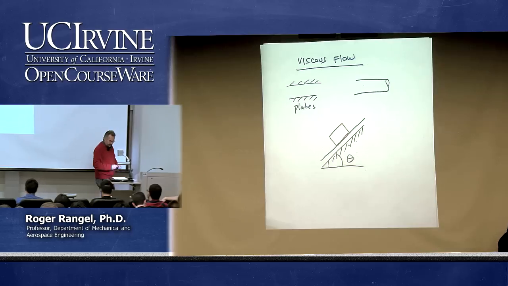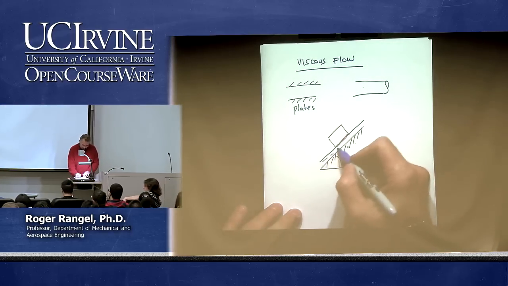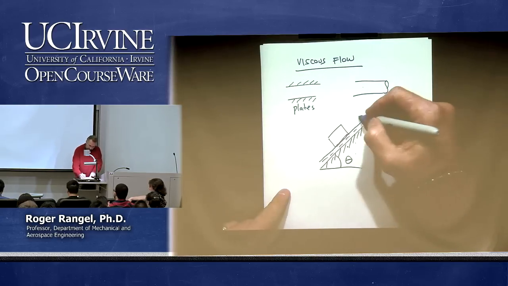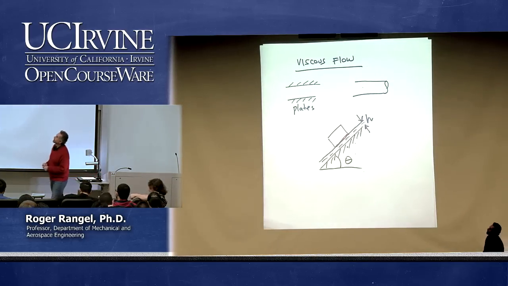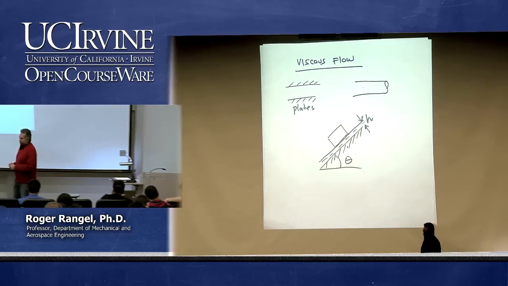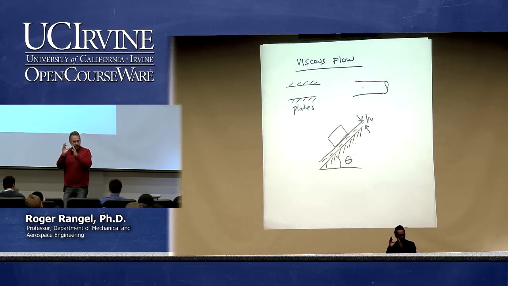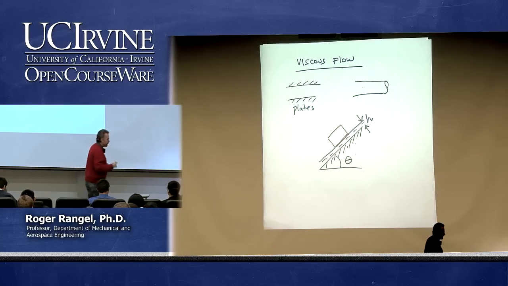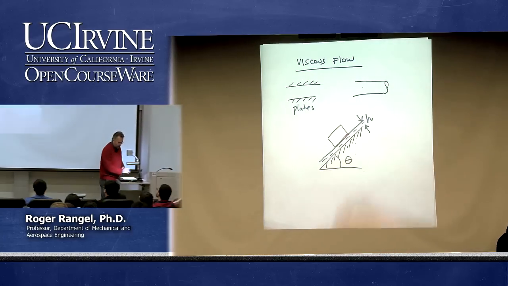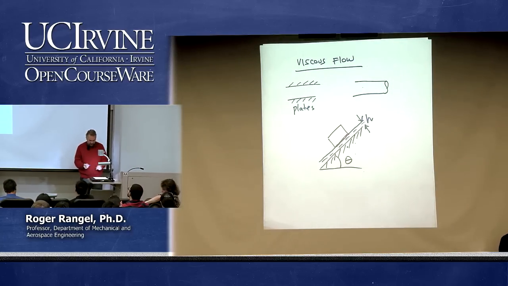Well, suppose that there is a film here that has some thickness. It's a very thin film. And I'm told that it produces whatever necessary friction is needed to eventually bring this block, if this plane is very long, to a terminal velocity.